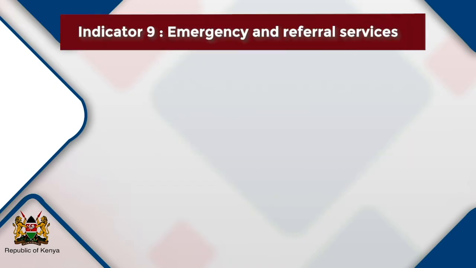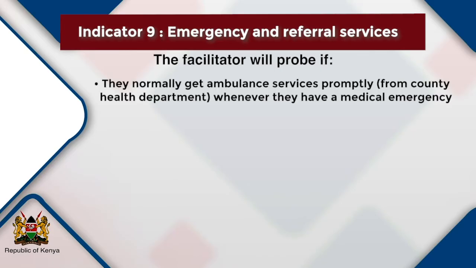Indicator 9. Emergency and referral services. The facilitator will probe if: 1. They normally get ambulance services promptly, that is, from the county health department, whenever they have a medical emergency. 2.